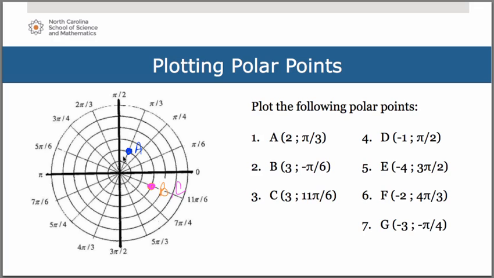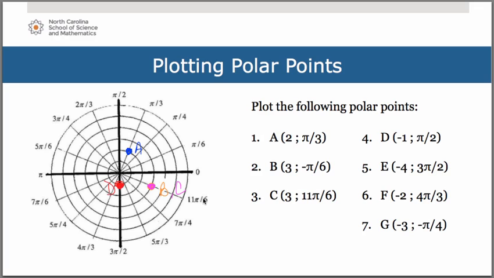But since it's a negative r value, instead of going in the direction of that angle, we're going to go away from it. So once we're at pi over 2, we're going to slide to the opposite side, and our r value, since it's an r of negative 1, it's going to be 1 circle out but going away from that angle of pi over 2.